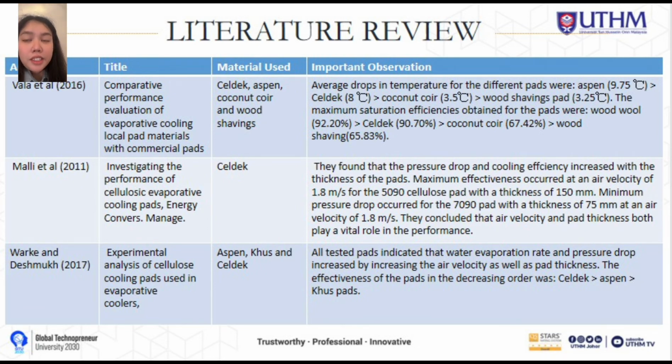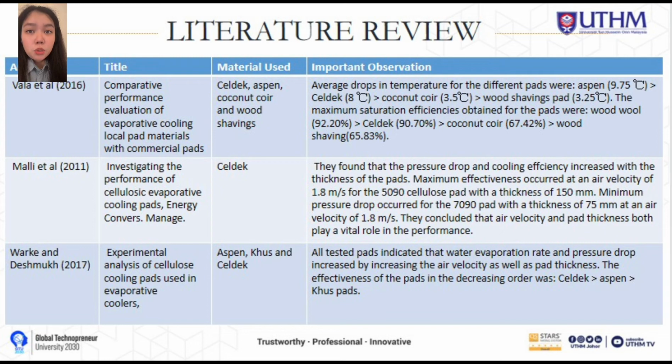2011, and the title is Investigating the Performance of Cellulosic Evaporative Cooling Pad, Energy Conversion and Management. The material used is only CELdek, and the important observation I found is that the pressure drop and cooling efficiency increase with the thickness of the pad, and the maximum effectiveness occurs at an air velocity of 1.8 for the 5090 cellulose pad with a thickness of 150 mm.